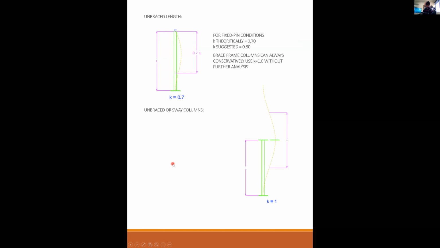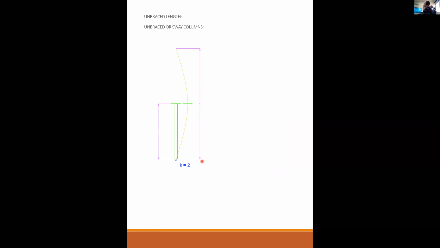Now if we move over to unbraced or sway columns, if you have a column that is fixed in terms that it can't rotate, but it can translate, if it can sway over, then this is a fixed side sway condition. And K theoretically is 1, because it's still one sine wave, but it's suggested that you use a 1.2 factor there.